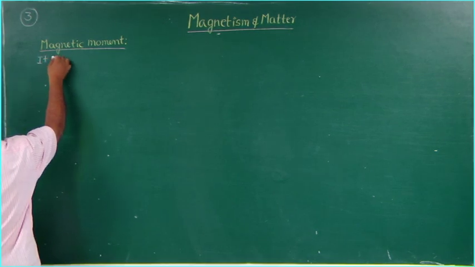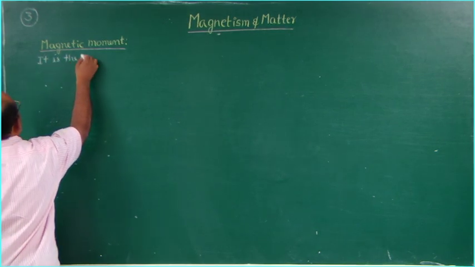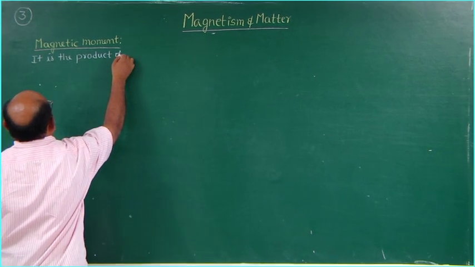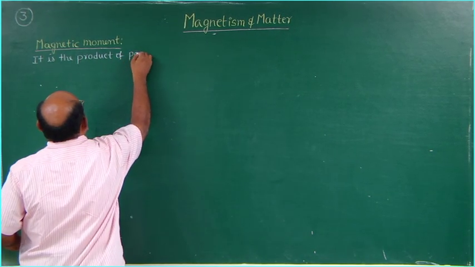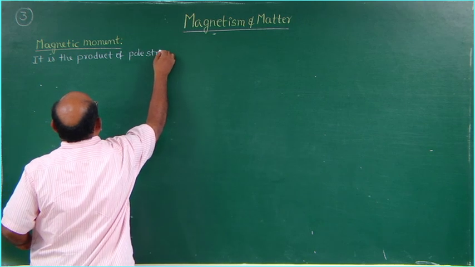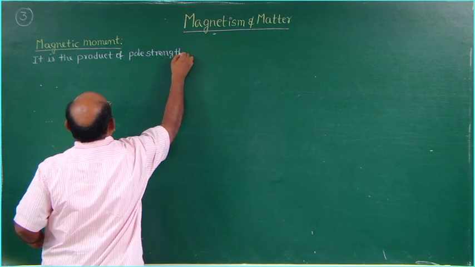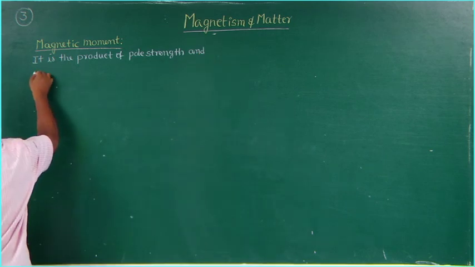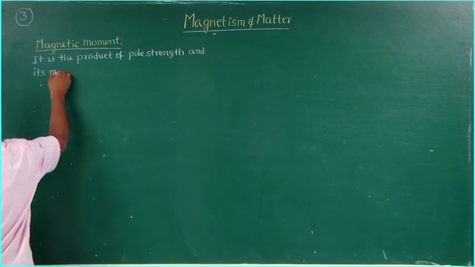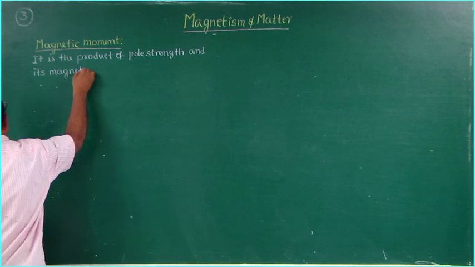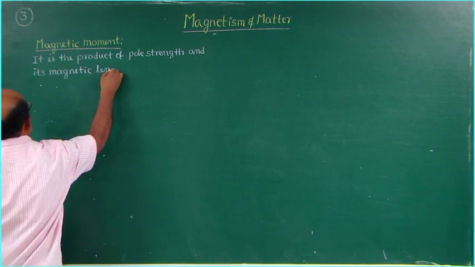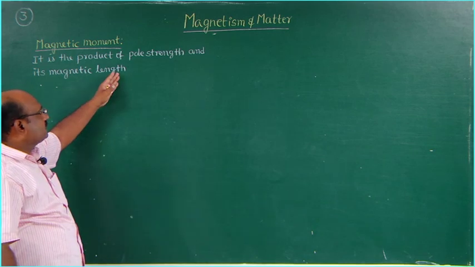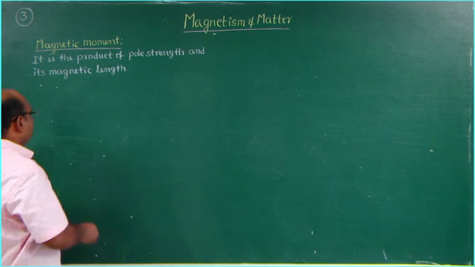It is the product of pole strength and its magnetic length. So, the product of pole strength and a magnetic length is called the magnetic moment.